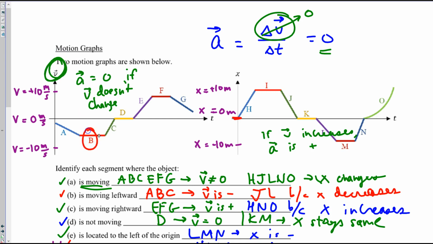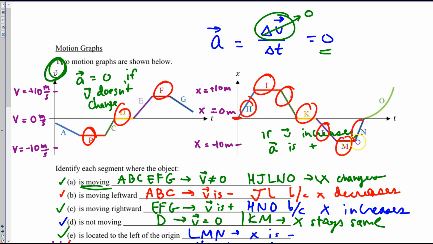On the first graph, it's B, the velocity doesn't go up or down, and D, and F. On the second graph, where do we see the velocity not change? H, I, J, K, L, M, and N. Because velocity equals slope, those lines all have constant slope because they are straight. Thus, they have constant velocity and no acceleration.